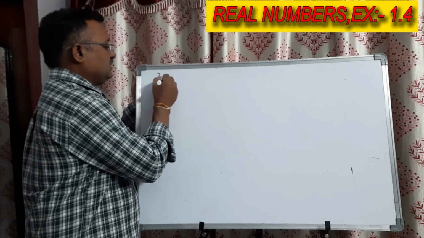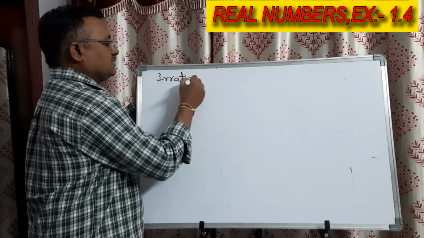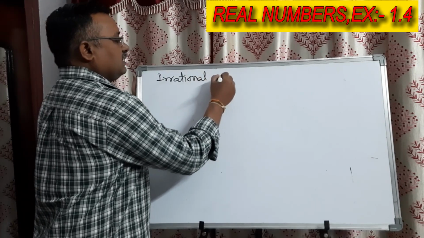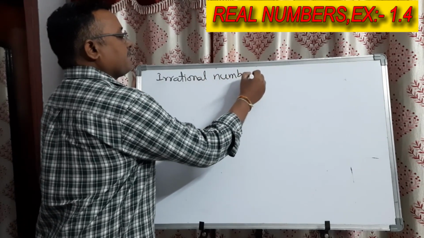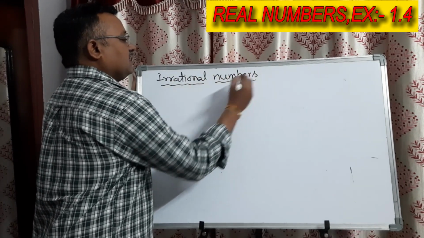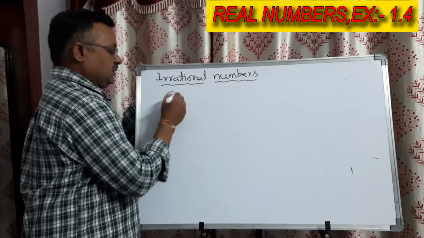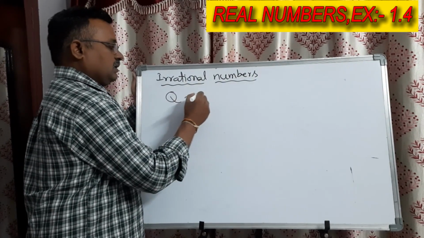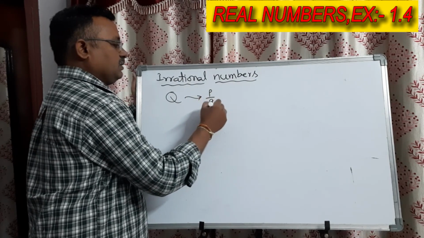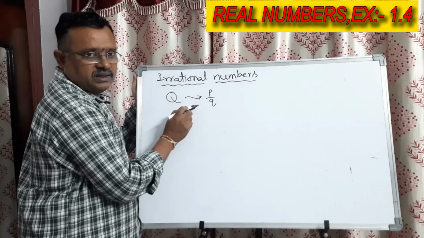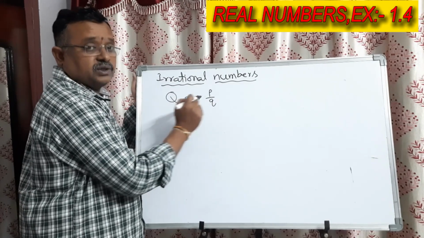So what does it contain? It contains irrational numbers. I already told you rational numbers are represented with Q. They are of the form p by q, where p, q are integers, coprimes, q not equal to 0.